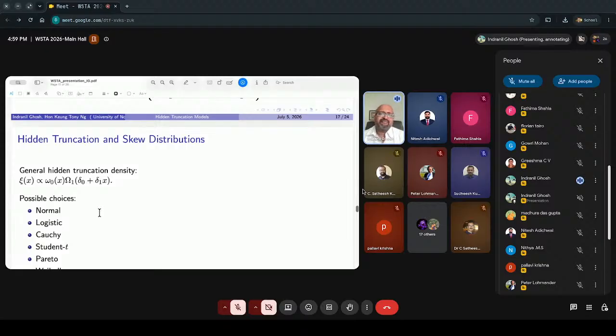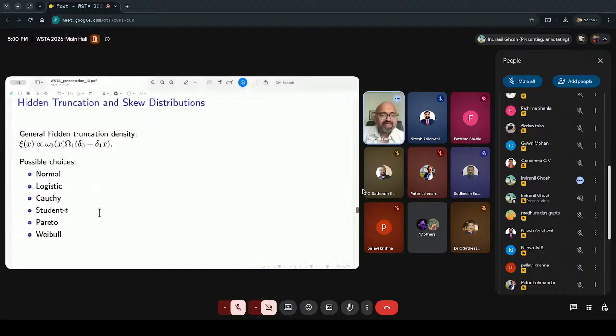Now, there are some relationships with the skew models, as I was referring probably multiple times. Typically a general hidden truncated density could be represented in that equation as f(x) proportional to this thing, without the normalizing constant. And you may bring into this normal, logistic, Cauchy, student t, Pareto.